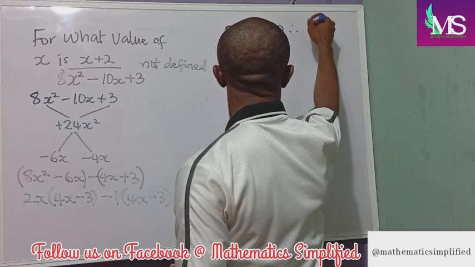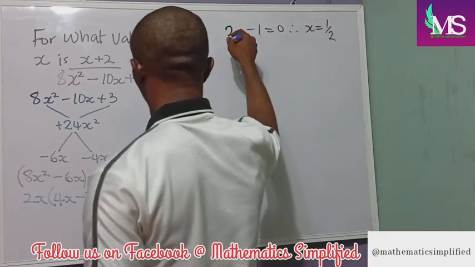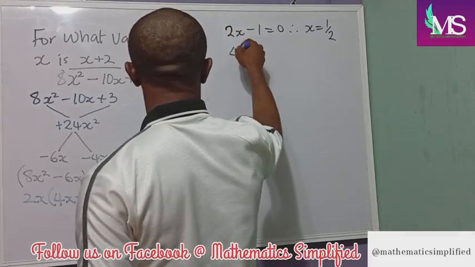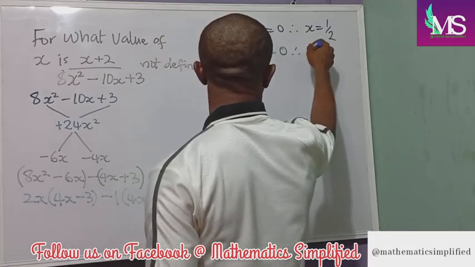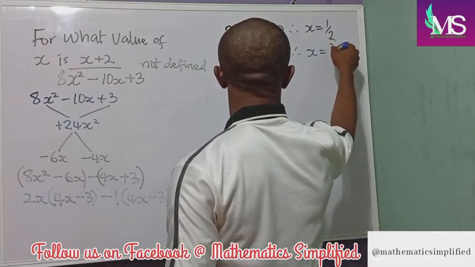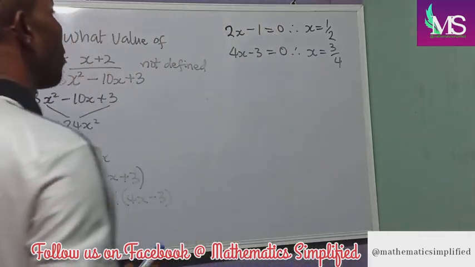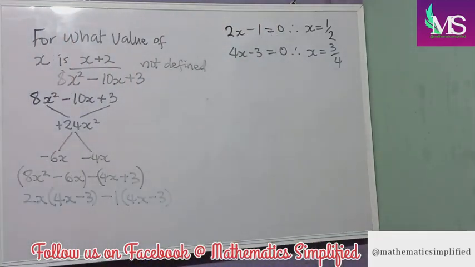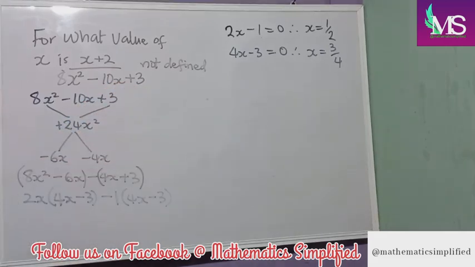So therefore, 2x − 1 = 0, giving x = 1/2, and 4x − 3 = 0, so x = 3/4. So these two values, a half and 3 over 4, are our values for x for which the expression is not defined.